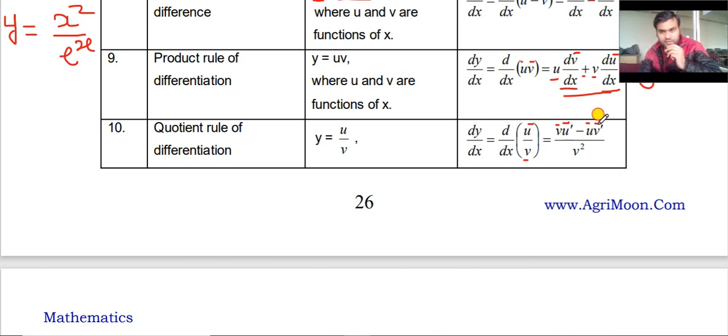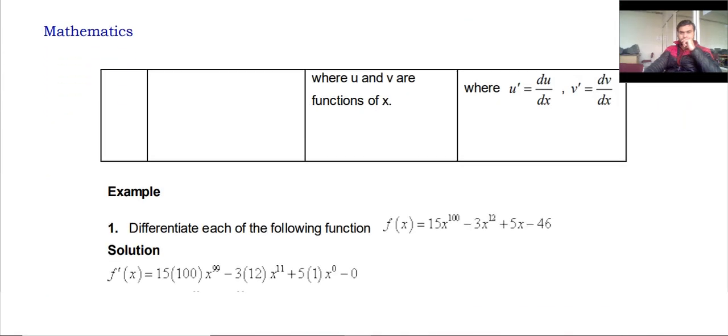Denominator is your v and its differentiation is v dash, divided by denominator square. So this is the formula of differentiation of quotient of two functions. Here u dash is du upon dx and v dash is dv upon dx.